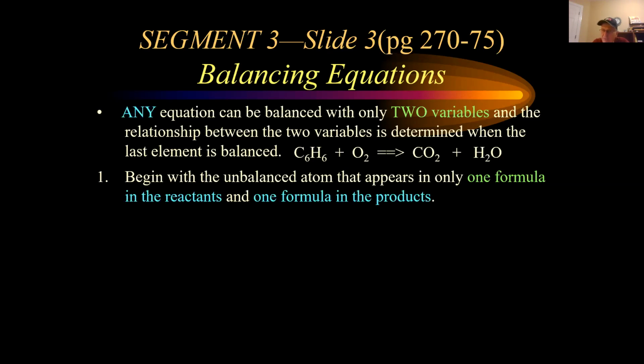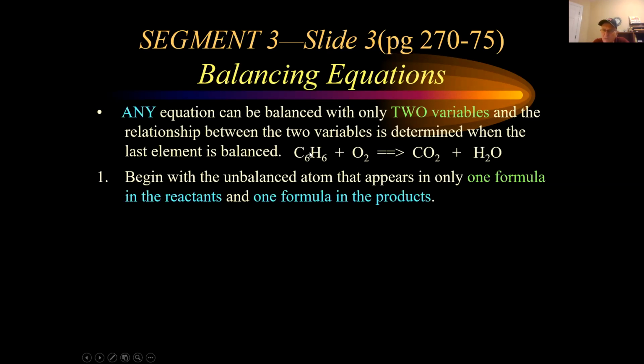Do something that will change that equation, and then do something with what you just changed as the next thing you do. So we're going to begin with an element that has to appear in only one of the reactants and one of the products. Well, carbon does, and hydrogen does.